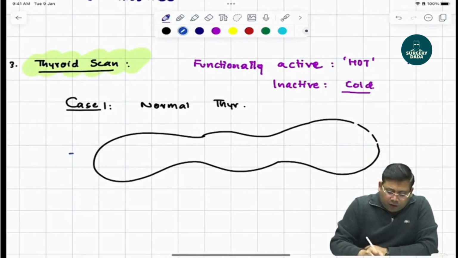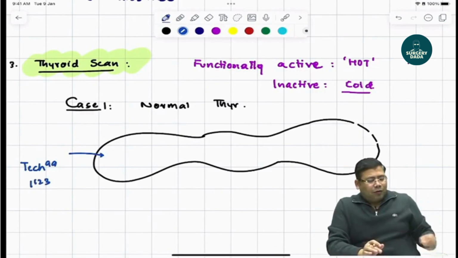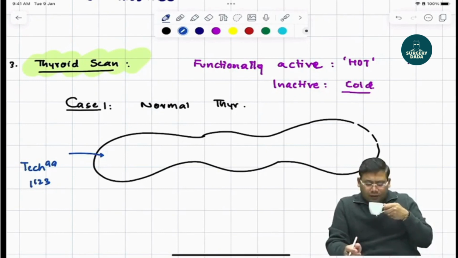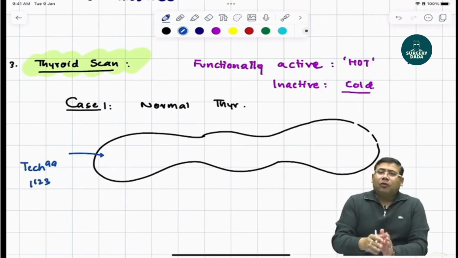So whenever we give technetium 99 or iodine 123, which is better? Of course technetium 99. Why is it better? Because of a shorter half-life, 6 hours versus 12 to 13 hours. The second very important thing is that technetium doesn't get organified.